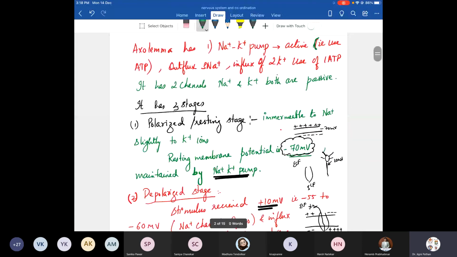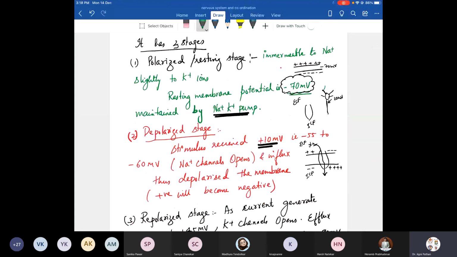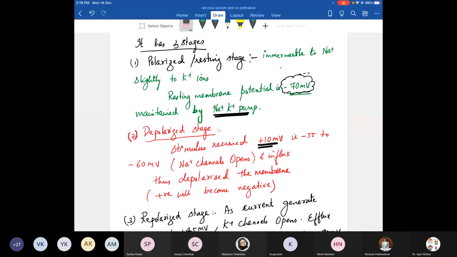Write down 3 stages: polarized stage, depolarized, and repolarized.